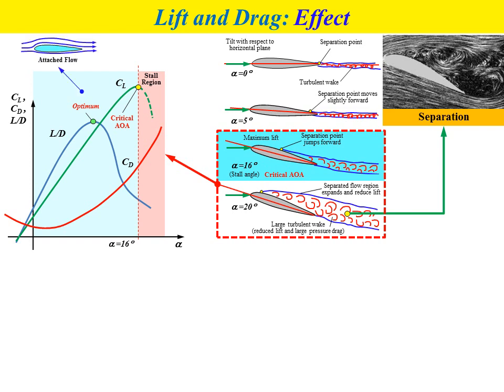Normally in this region, the flow pattern of the fluid surrounding the blade profile is dominated by attached flow. However, in the stall region, the dominant flow type is separated flow, where the separation region will be greater.